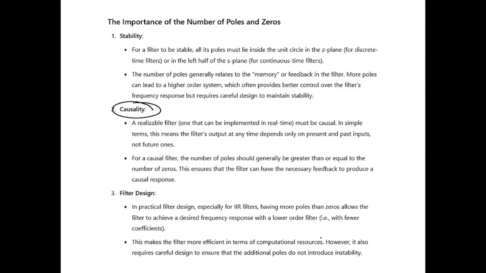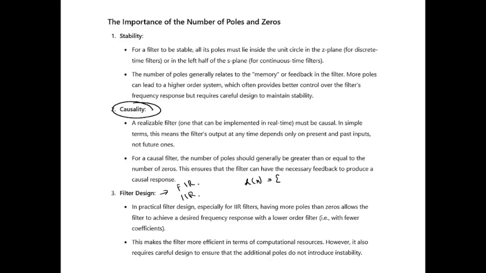Then the filter designing aspect I have told you. Filter designing can take place by two methods. One is the FIR filter designing method and another is the IIR filter designing method. FIR filters means finite impulse response. So the impulse response is h(n). Finite means if the number of h(n) values is limited, then it is called finite impulse response filters.